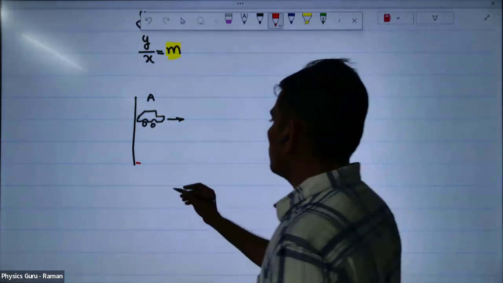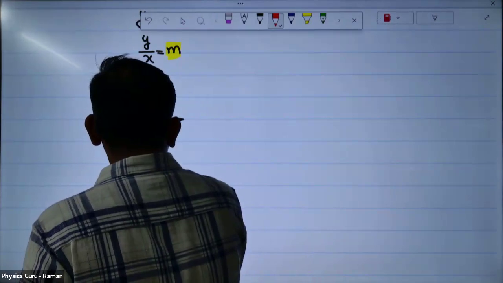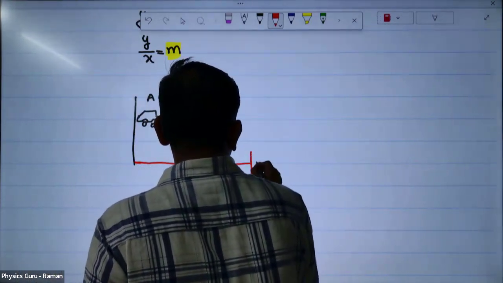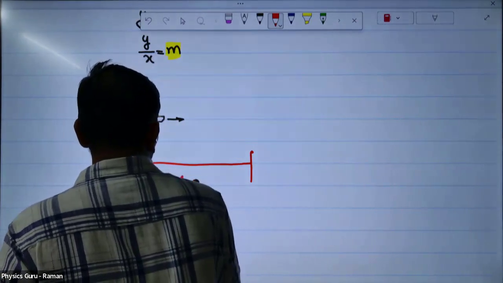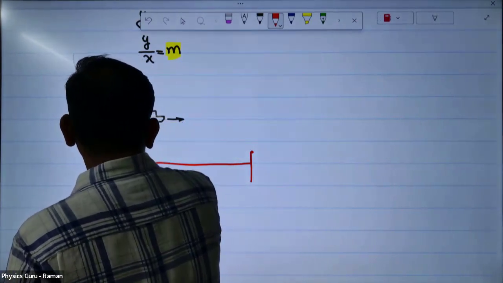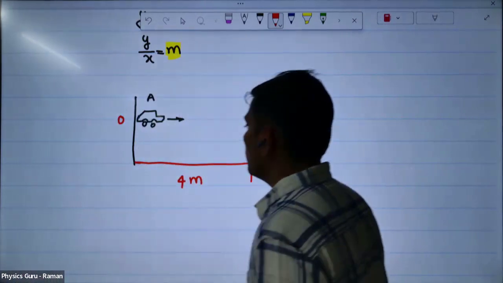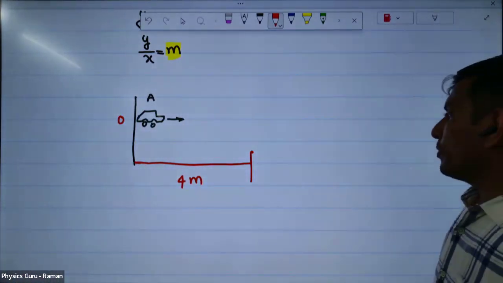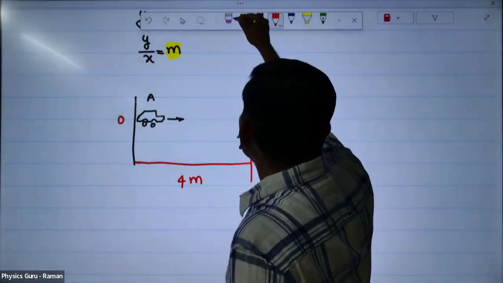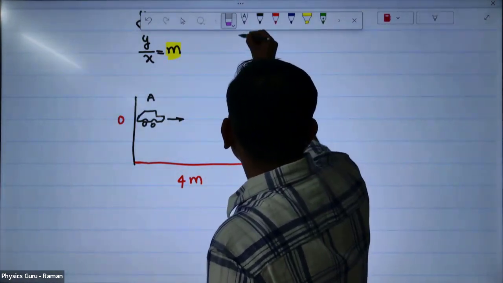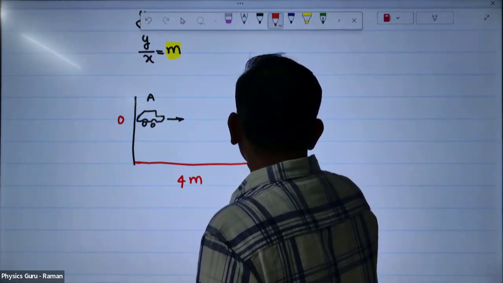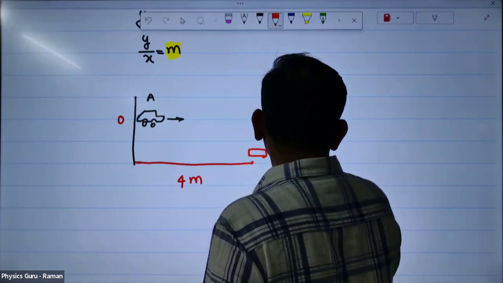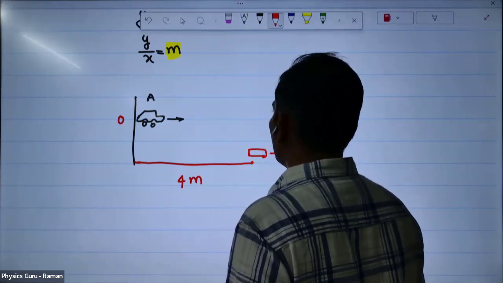Okay. So here the car starts from here and the other car already started from this point. So let's say this point is 4 meters away from the origin. It started 4 meters away from the origin, and this car starts from here and moves in the forward direction.